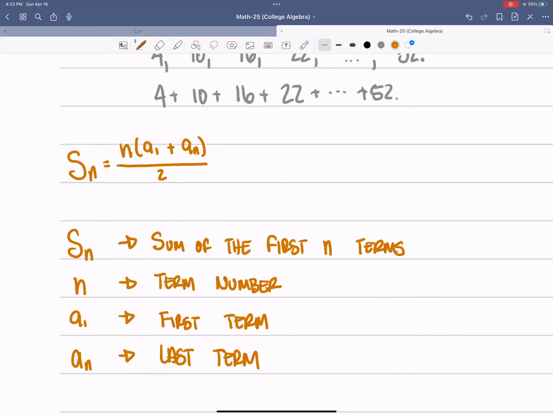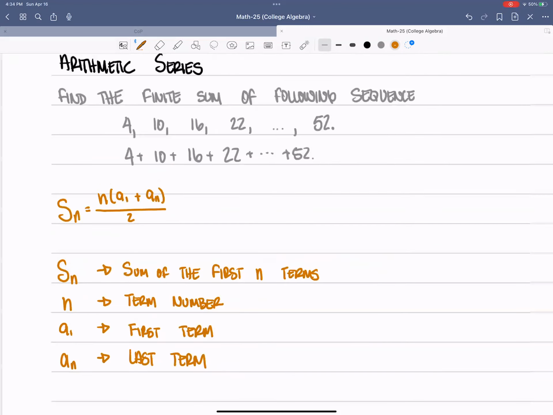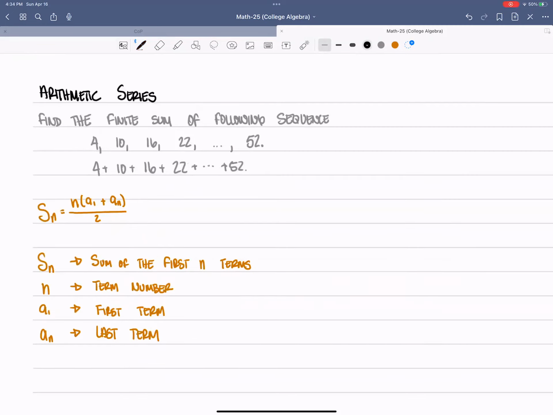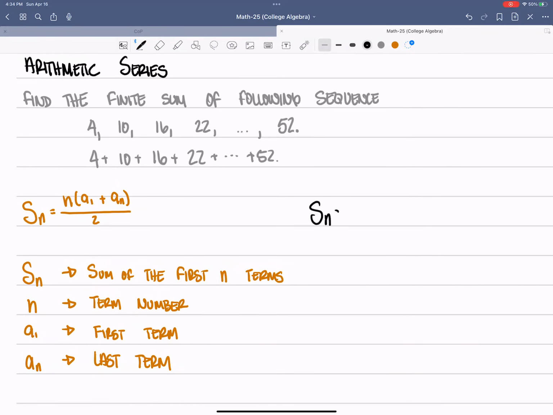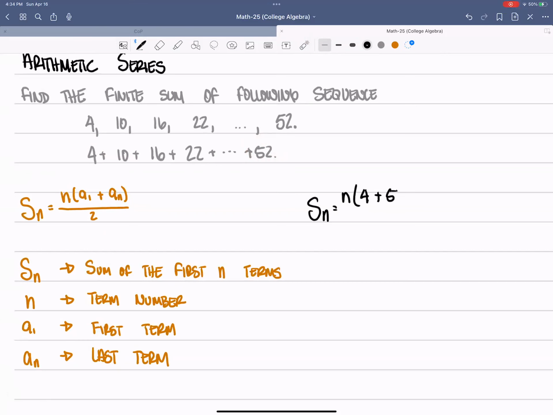All right, let's start plugging in everything that we have so far. We have S sub n is equal to n times, and we don't have n yet, a1, which is the first term of the sequence, plus an, the last term in the sequence, so that's 52, and we're dividing that by 2.